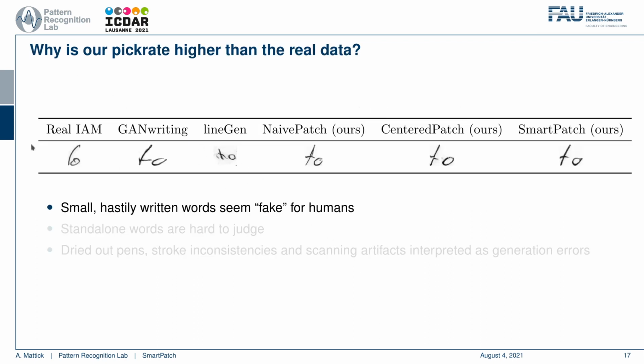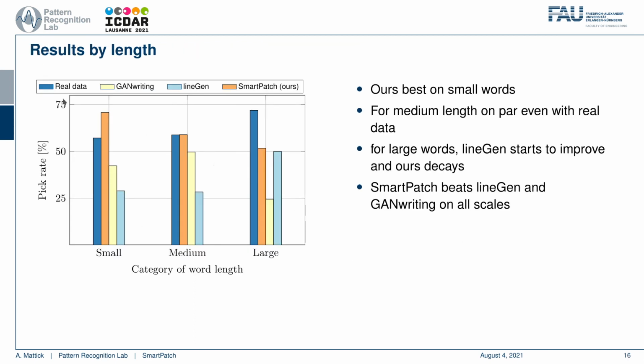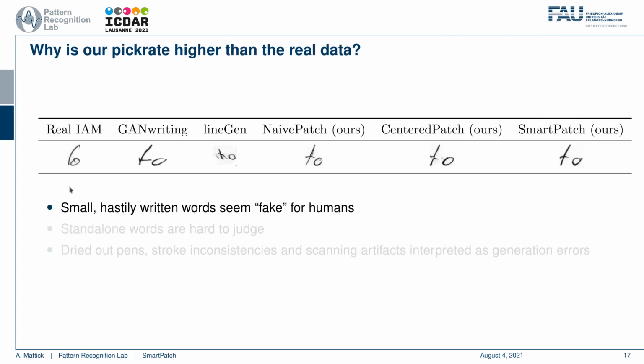So to answer the final question, why is our pick rate higher than the real data? It all comes down to this small category. In this small category, we can see that small hastily written words, for example this "to", may be interpreted as fake when compared to the cleaner SmartPatch examples. In this case, real EM does not have the horizontal line of the T, while ours has it.